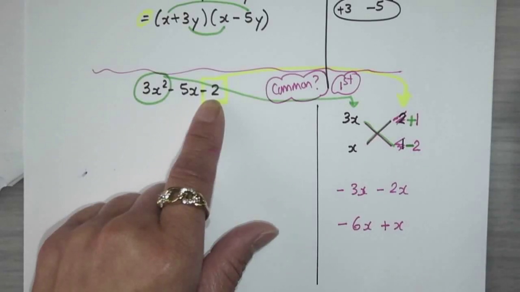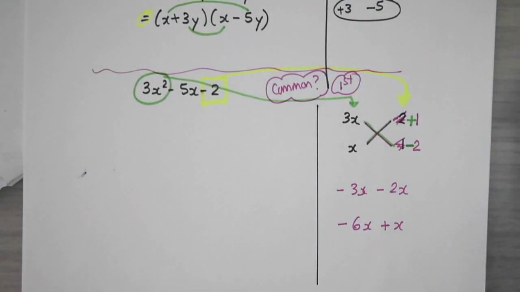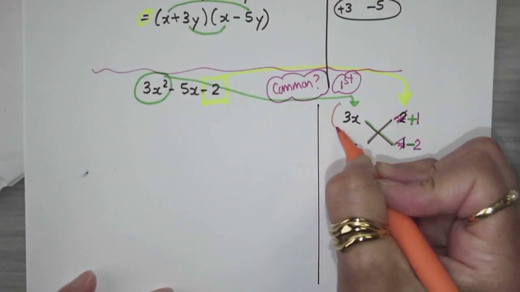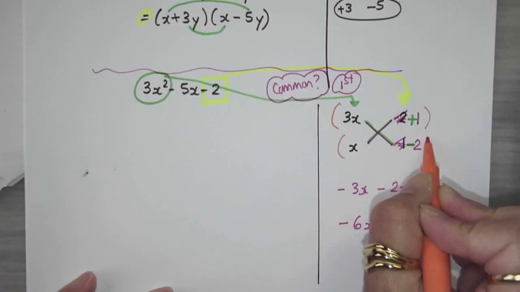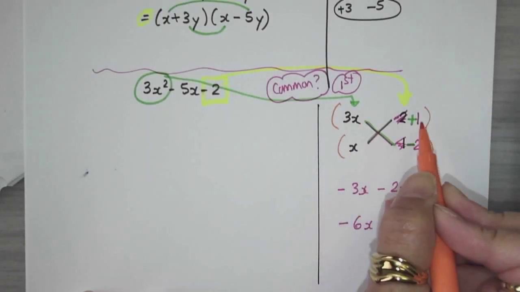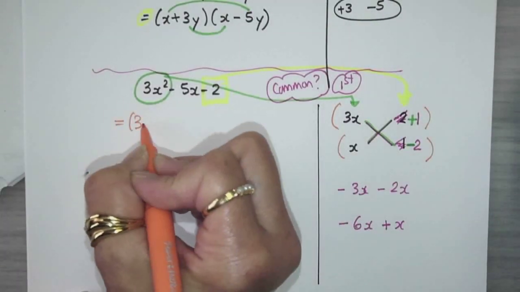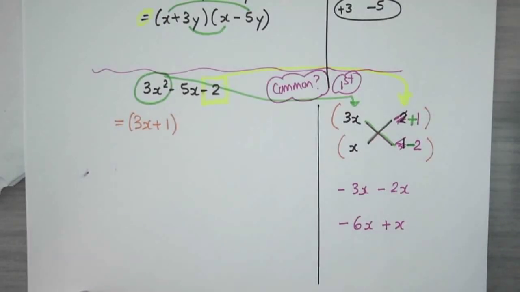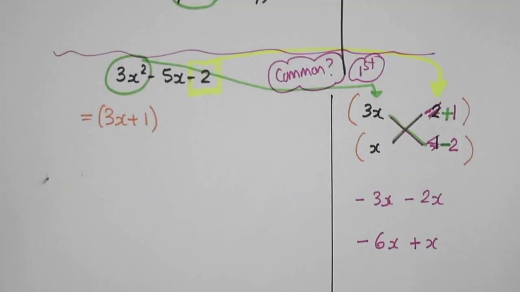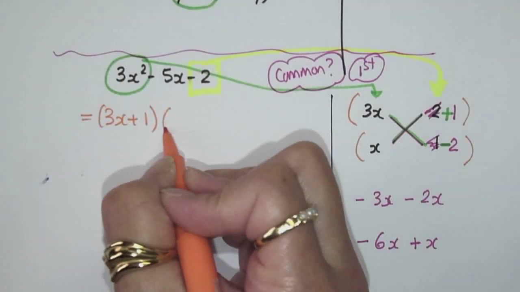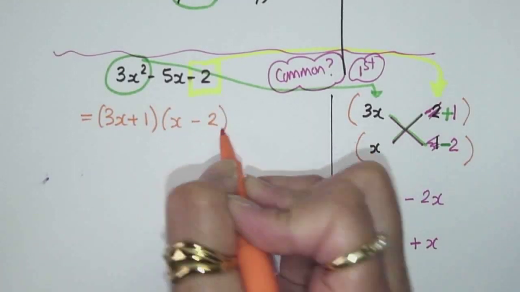And this is how you write your glorious, beautiful bracket. You write it like this. One bracket and the other bracket. So it's 3x plus 1, and this is your other bracket, x minus 2.